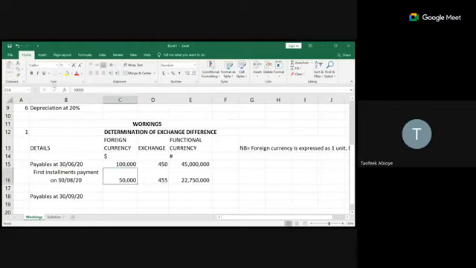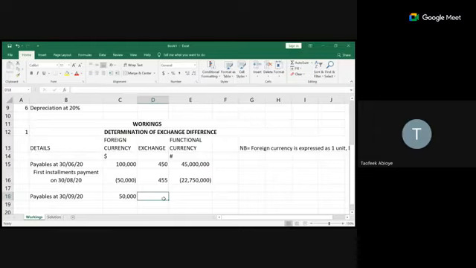We are owing $50,000. As at that accounting year end, we are owing 50,000, because we are going to pay that last payment after the accounting year end.